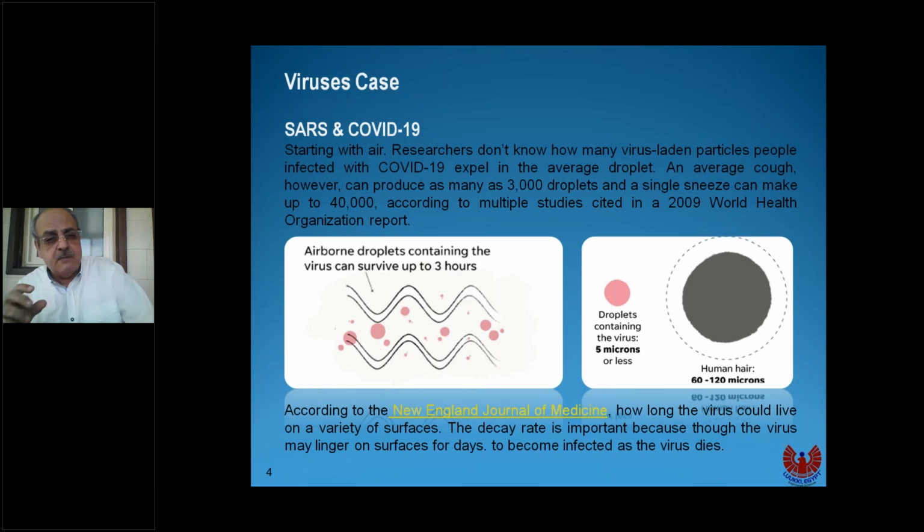But to my knowledge, the size of COVID-19 is not fixed all the time. It ranges between 80 and 200 nanometers. So this means that each 5-micron droplet will contain a lot of viruses inside it.